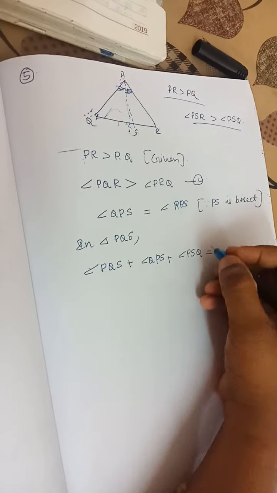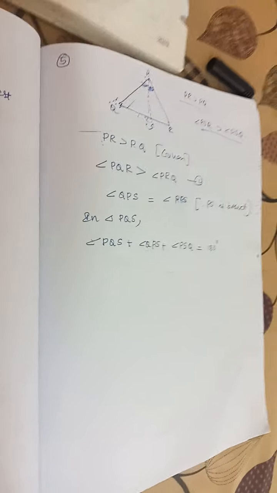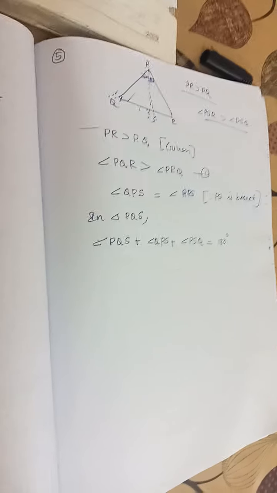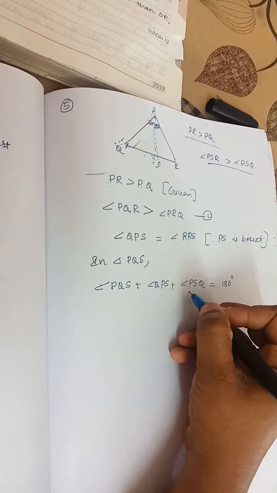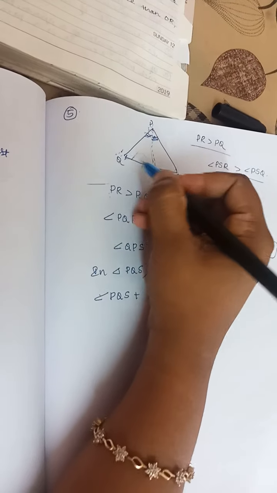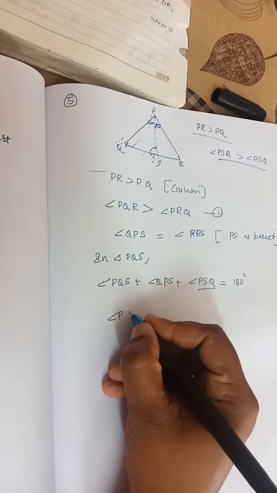The sum of all these three angles should be equal to 180 degrees. The reason is the angle sum property of triangle. From here I am going to calculate angle PSQ.